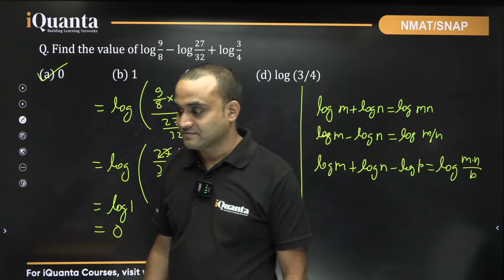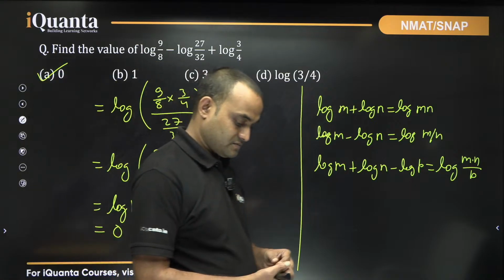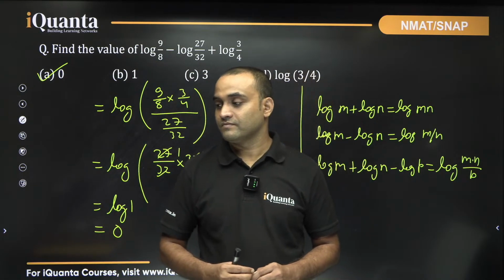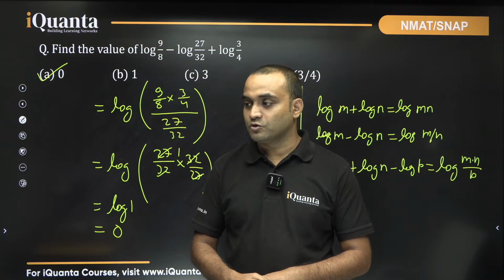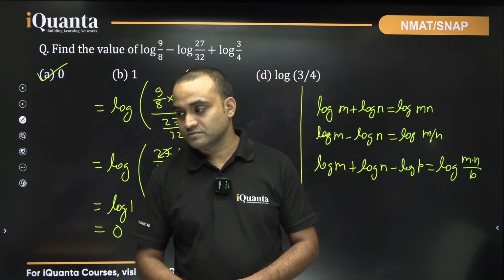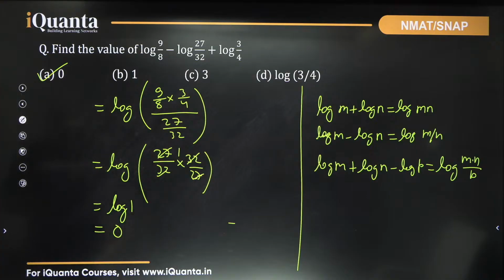Okay? The answer is option A, Nawab, not B. Right? Anu, Anshika, correct answers. Any doubts? Tell me if you have any doubt.